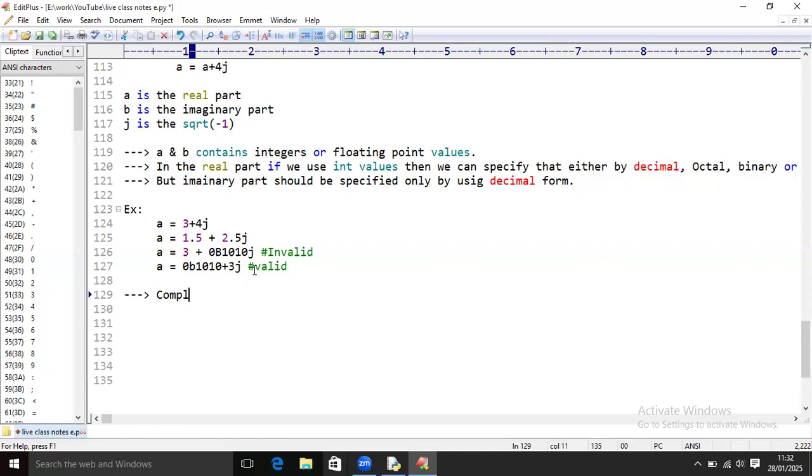Let's have one more point. The complex data type has inbuilt attributes to retrieve the real part and the imaginary part.